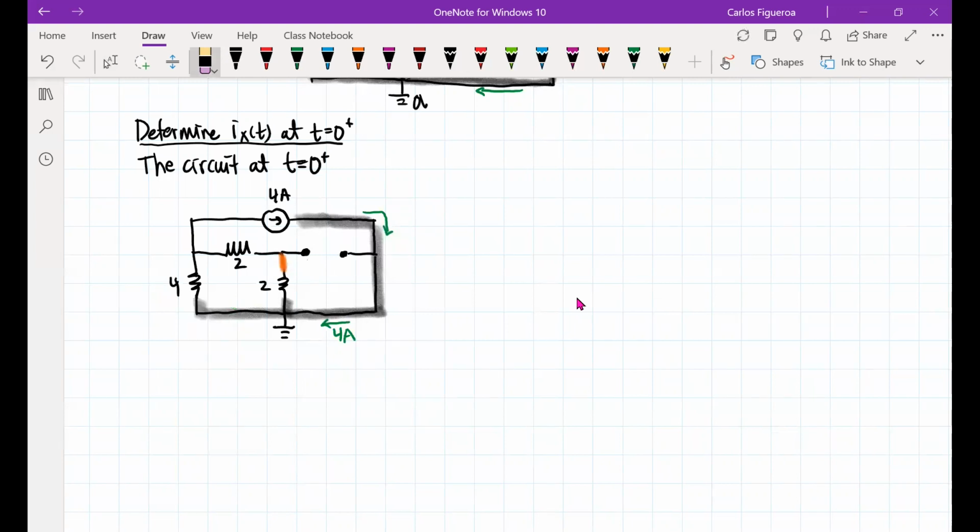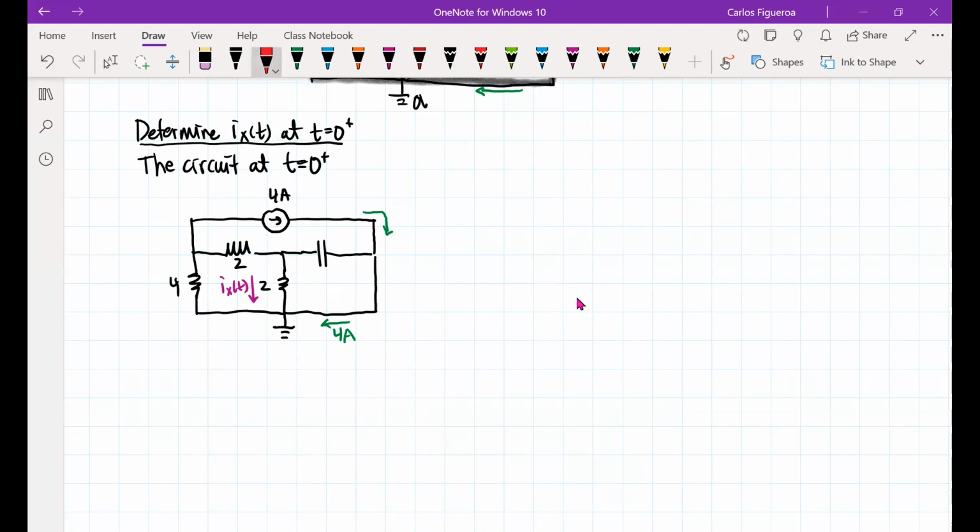And the reason why it's not true is that I now have my capacitor right here. I think I should have just drawn this from scratch. It would have been easier. So then I have my capacitor right here. And the only thing that I know here is that this guy is Ix of t right there.